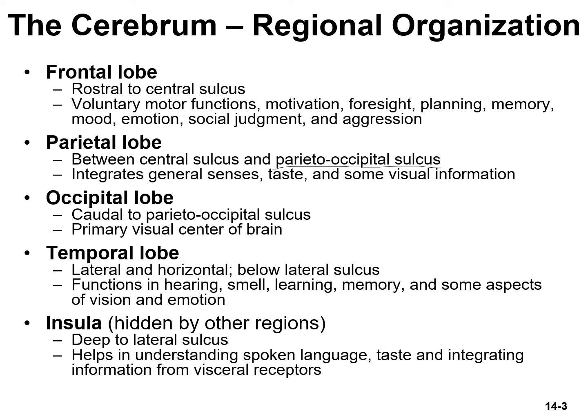So you will notice that there's not necessarily very strict boundaries in terms of functionality. Many different regions of the brain will have slightly different specializations in terms of our special and general senses, but as you can see, there is some overlap oftentimes within the functionality of these lobes.